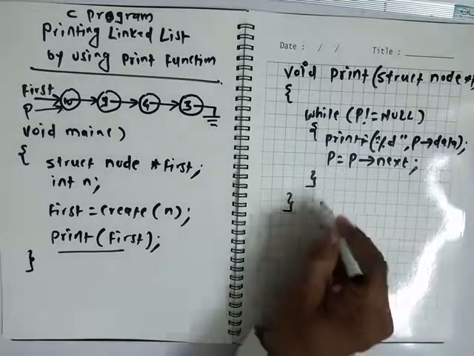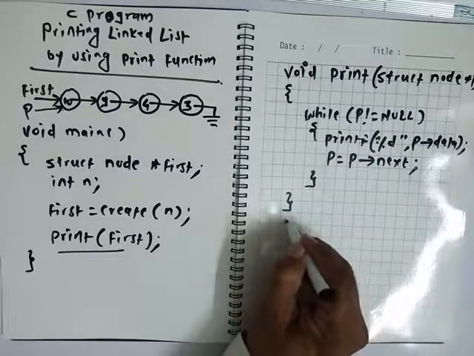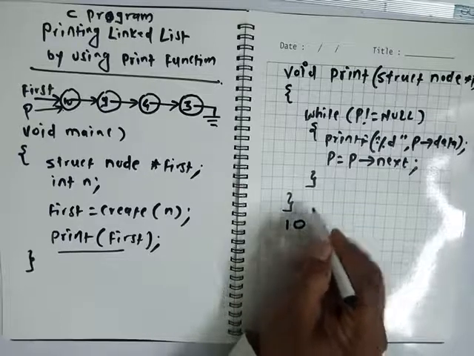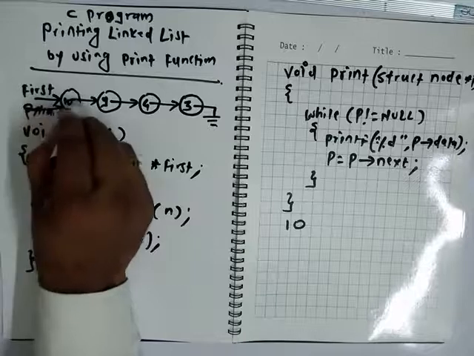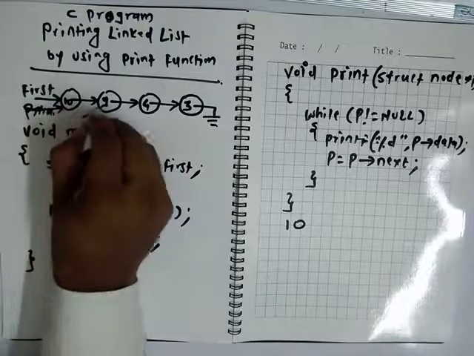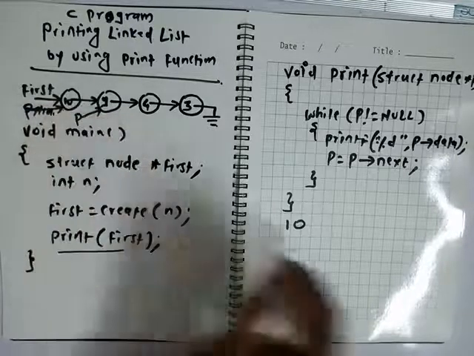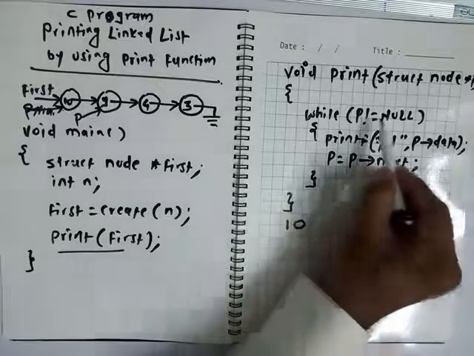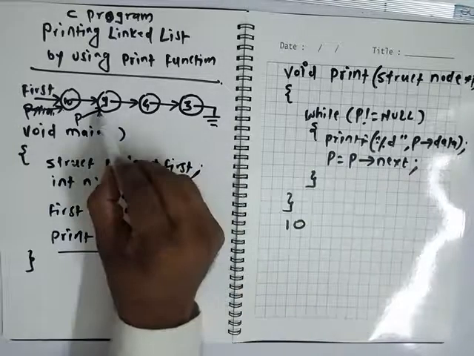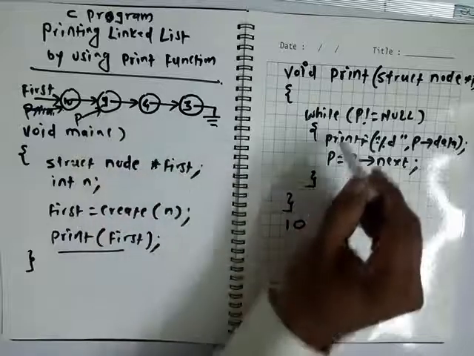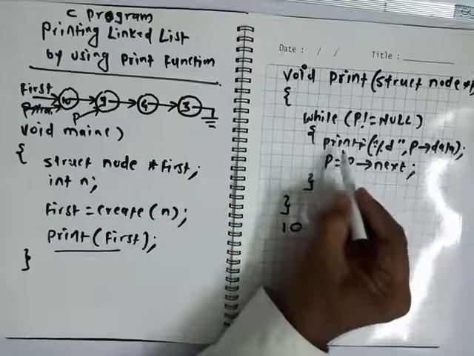This says printf p arrow data, so the data is 10, so 10 will be printed. And then p equal to p next, so p will be moved to the node that p next is pointing to. Then again we'll go inside the loop and check, is p equal to null? No, p is not null, so we'll execute the body of this loop.